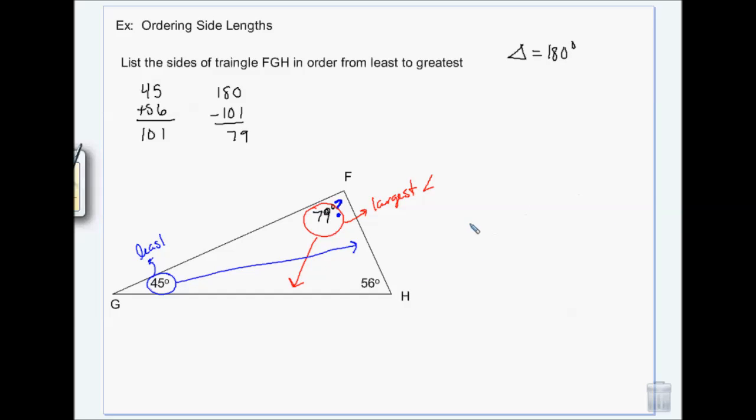So to put them in order, I'm going to have side FH. And then the next one will be GF, because that's across from this middle angle. And then the next one will be GH. And I'm listing the sides in order from least to greatest.